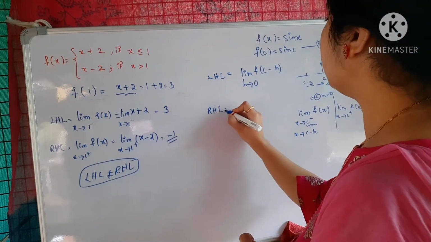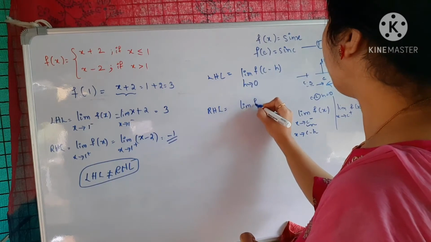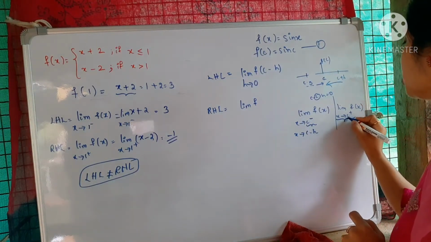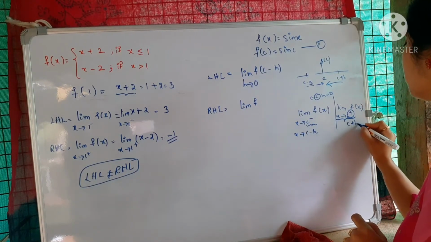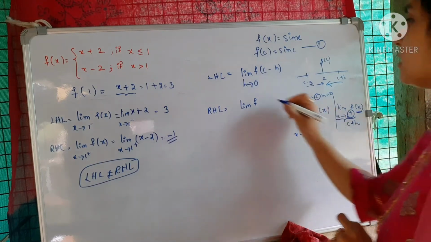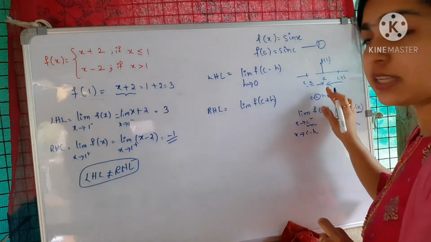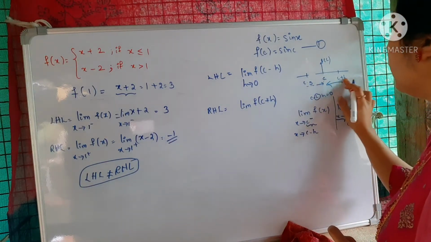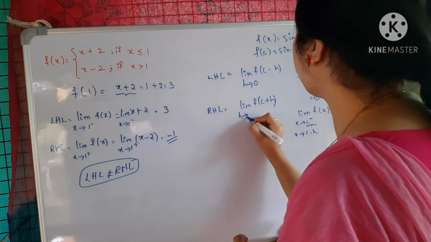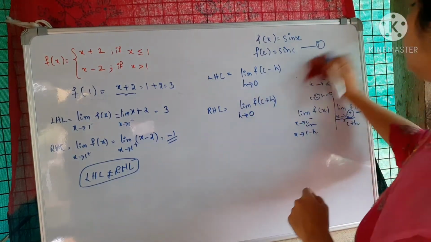For the right hand limit, for simplification purpose, remember c plus h. So x is replaced by c plus h, and it becomes c when h approaches 0. So find the value of these two.